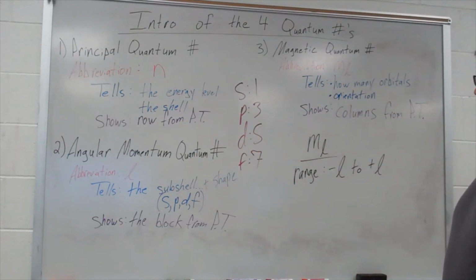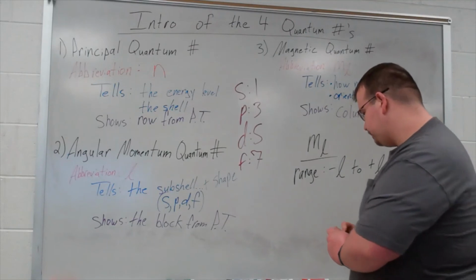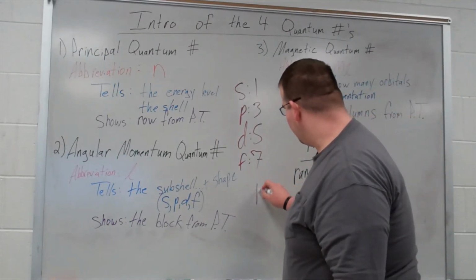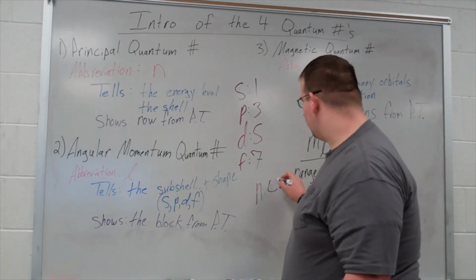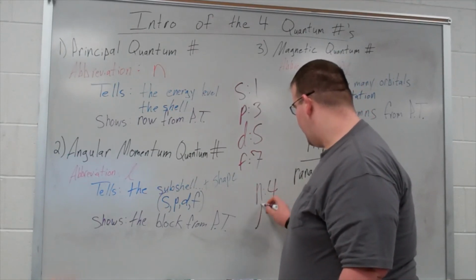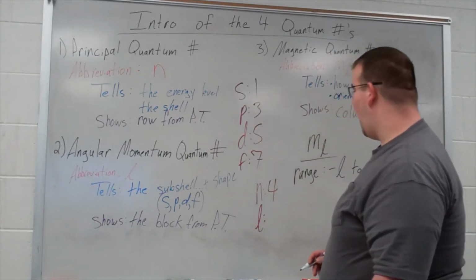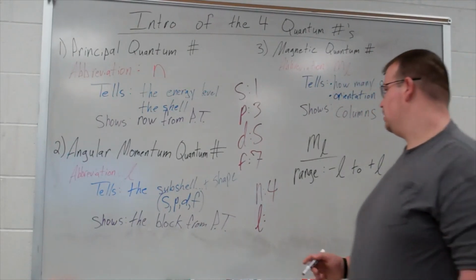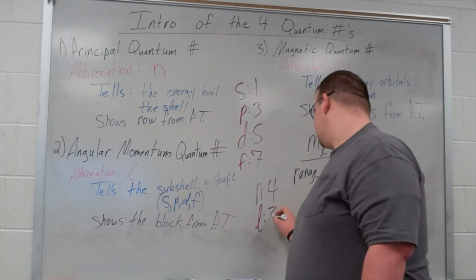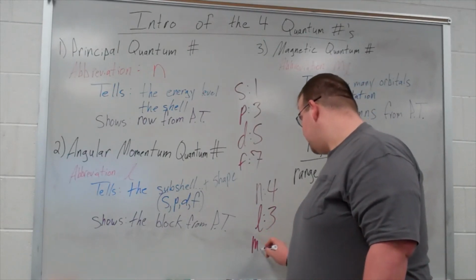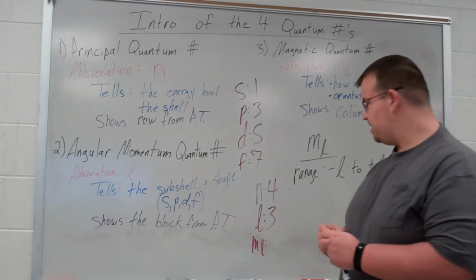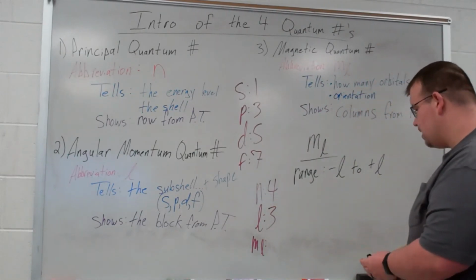So in this, let's say for example, let's do N as 4, L as 3. So that means M sub L, what can M sub L be? That's where the range comes in.